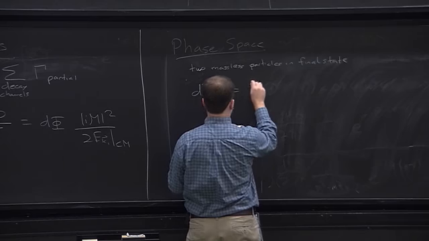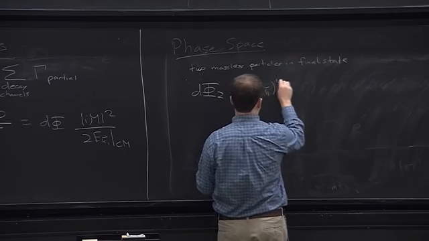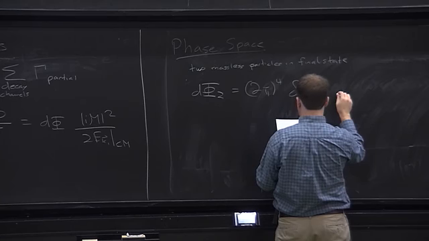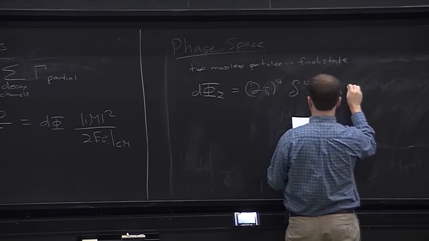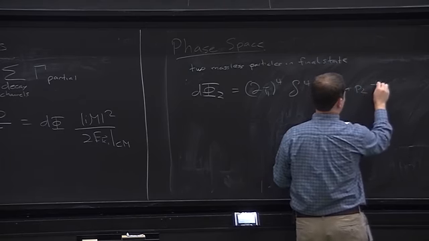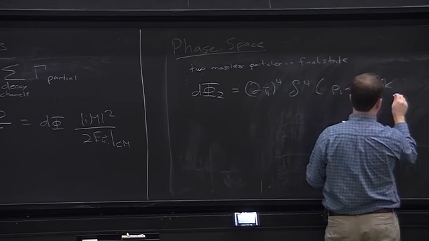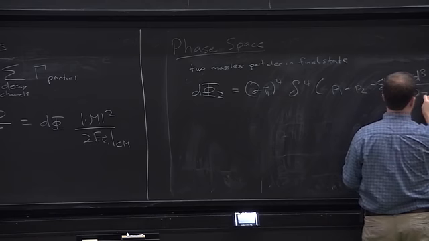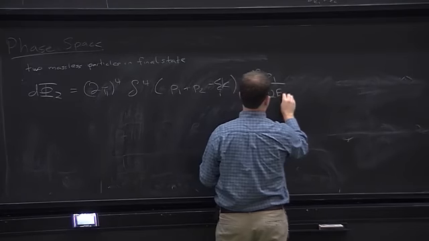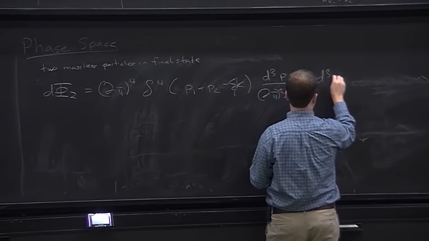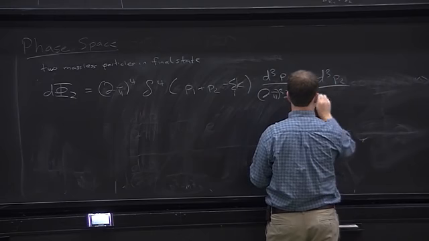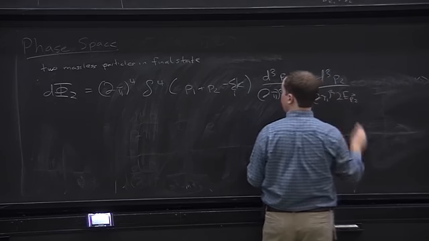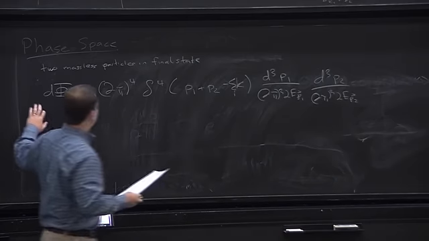And the phase space measure in this case just becomes delta of E1 plus E2 minus the sum of the initial particles, d^3p1 d^3p2 over (2 pi)^3 2E_p1 2E_p2.